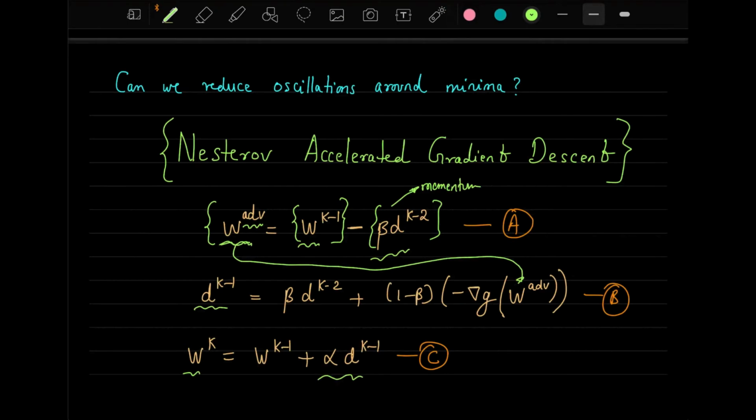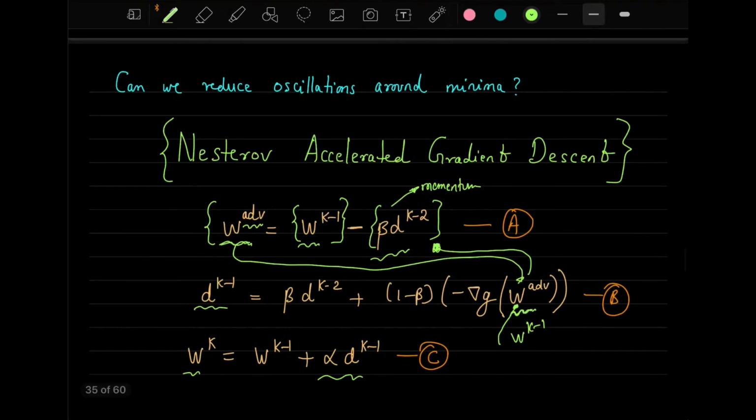The only difference between Nesterov and the earlier case of momentum gradient descent is the evaluation of the gradient at this particular point. In the earlier case of momentum based, the evaluation of the gradient was done on Wk minus 1, but here the evaluation is done on W advanced, and this W advanced is calculated by using this expression. That is the only difference between the two.